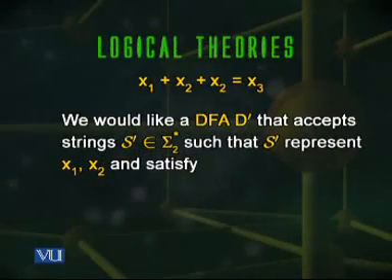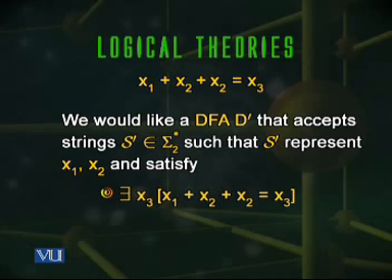What we would like is to make a new DFA D prime such that it accepts strings S prime in sigma 2 star such that S prime represents x1 and x2 that satisfy there exists x3, x1 plus x2 equals x3. So we have a DFA which accepts strings over sigma 3, but it does not capture the quantified part of this formula. What we would like is a new DFA which captures strings over sigma 2 and captures the whole formula.